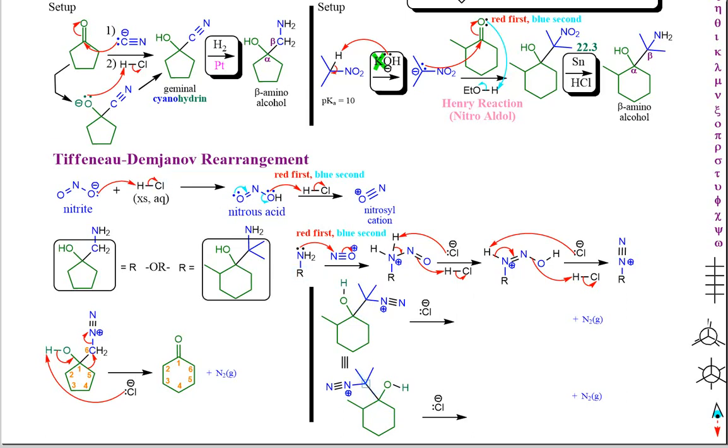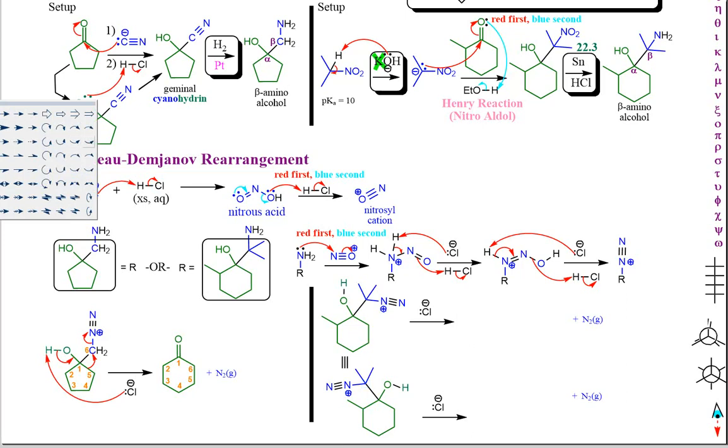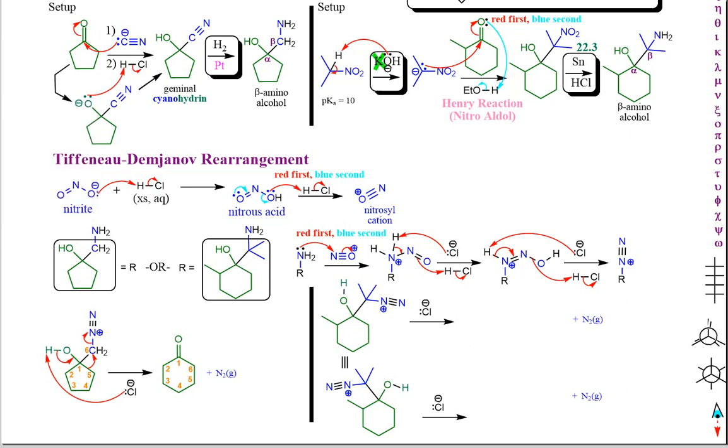Here's how the mechanism rolls. Both examples, chloride grabs the H. Sigma becomes pi. Old sigma breaks.